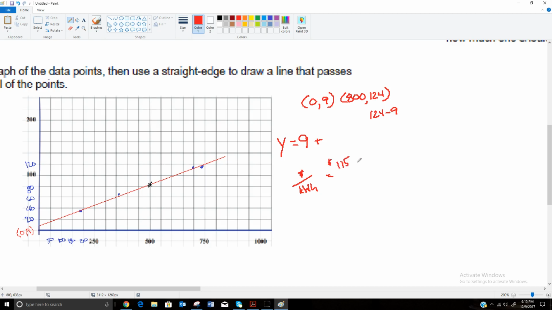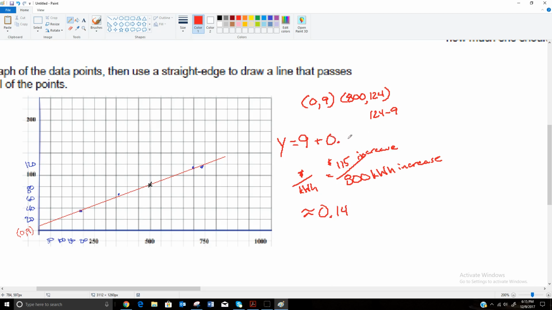So we got a $115 increase for an 800 kilowatt hour increase. If I divide those, my slope is 115 divided by 800, which comes out to be about 0.144. So we're gaining about 14.5 cents, a little bit more, every kilowatt hour.